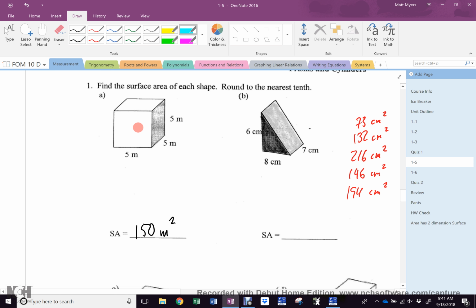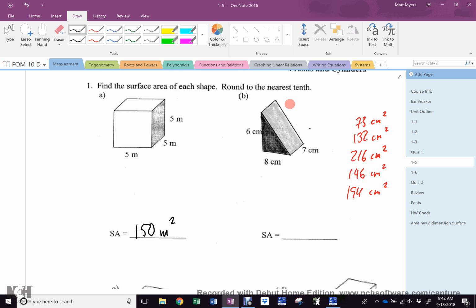Because we have a formula for this guy, 2WH plus 2HL plus 2LW, right? But when you looked on your formula sheet, there is no formula for a triangular prism, is there? There's one for pyramids, but not a prism. So if there's no formula, we have to actually think about the sides.